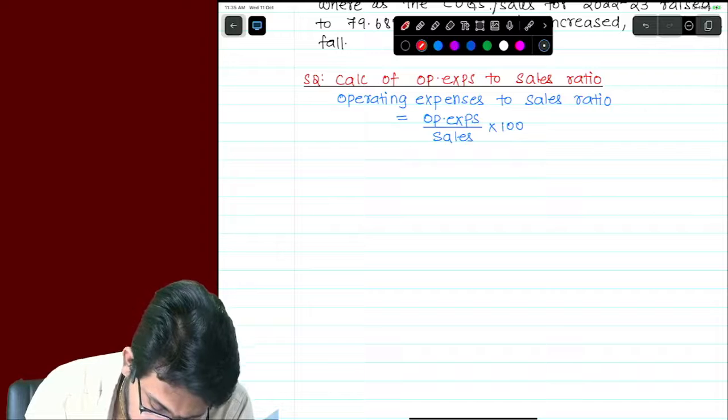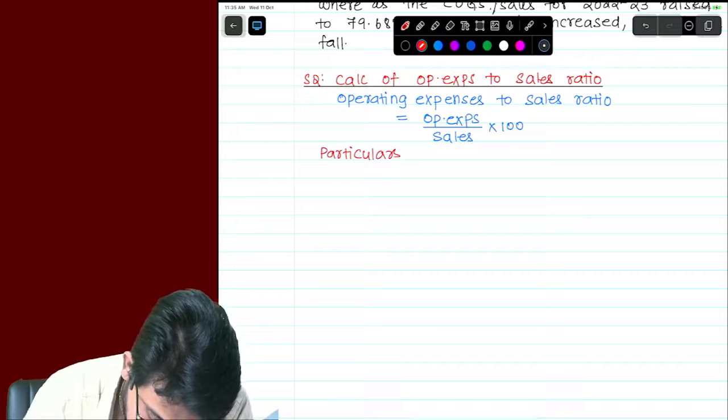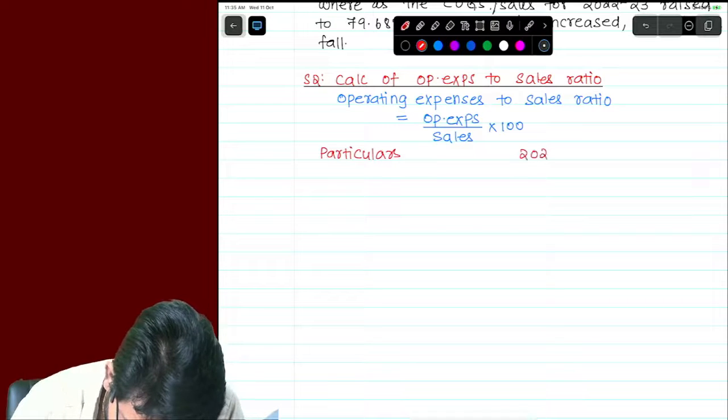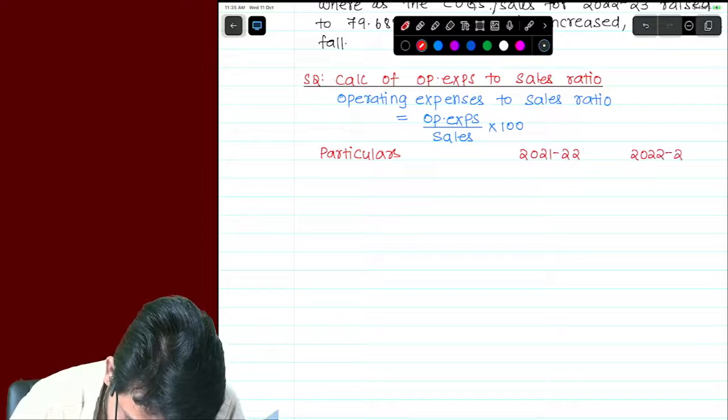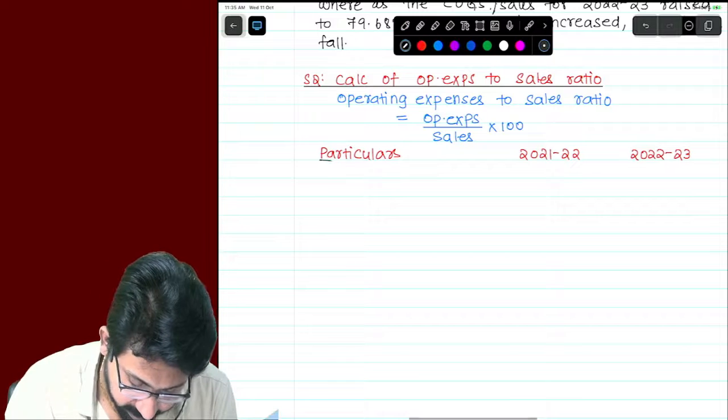In the presentation, don't make any changes, write as it is. Particulars: '21, '22, '23, '22, '23.